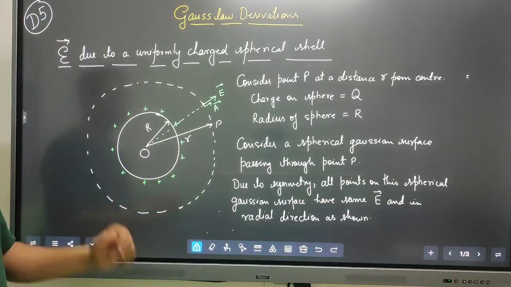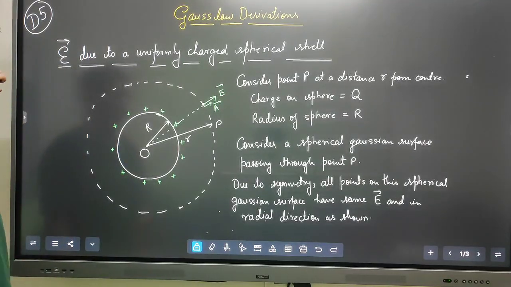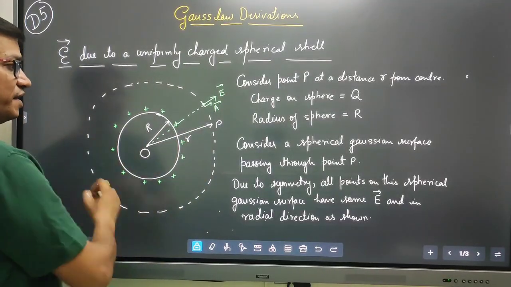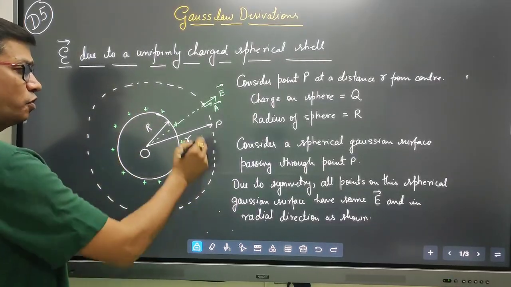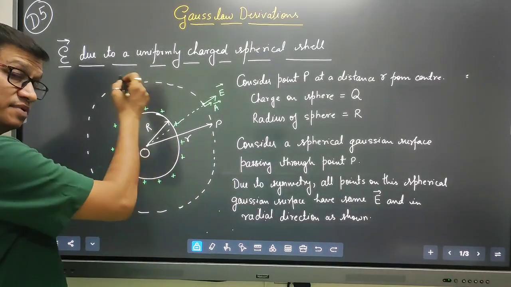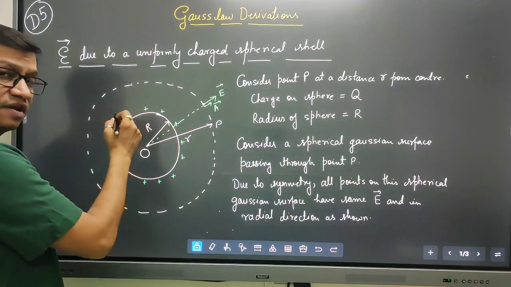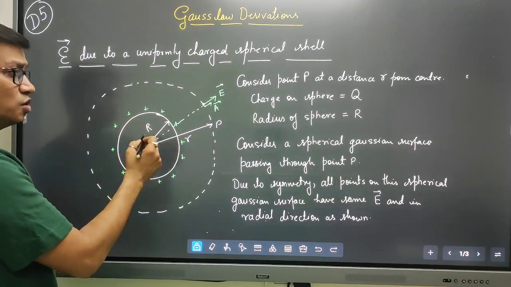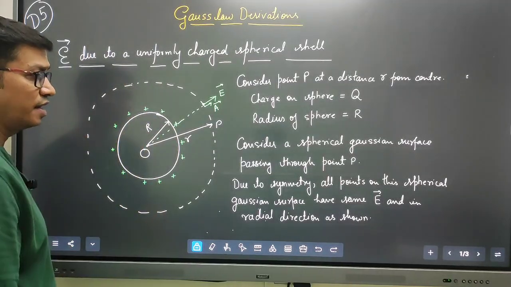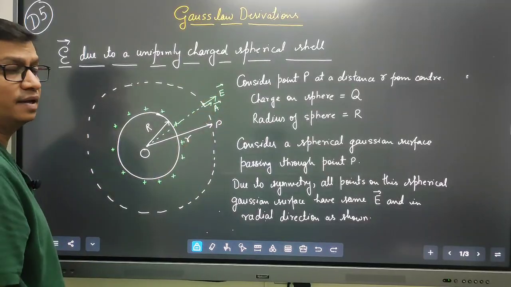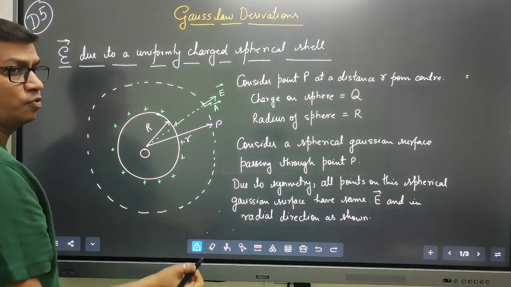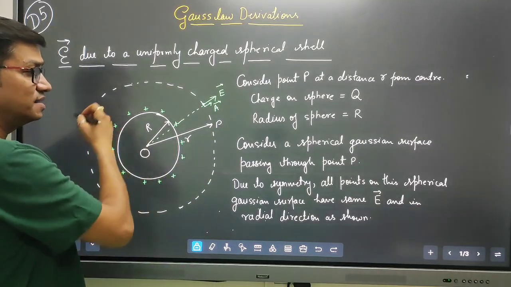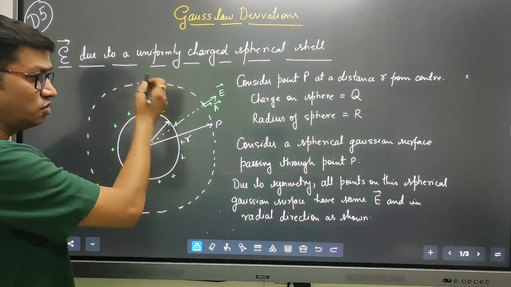Now, because of symmetry, all points on the Gaussian surface are symmetrical with respect to the spherical shell, right? So because of this symmetry, electric field will be radially outwards, and it will be the same at all the points on this Gaussian surface.